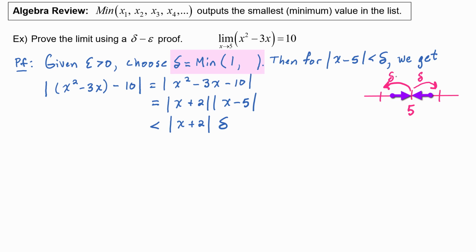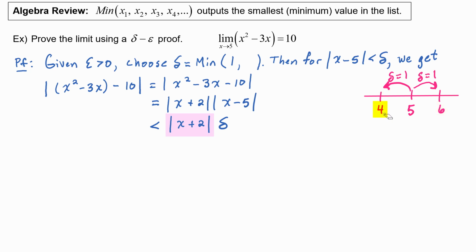So if we let delta equal 1, which is ridiculously huge, then that means our x value could be as small as 4 or as large as 6. Now what we are going to do is analyze what could happen to the absolute value of x plus 2 under these two extreme conditions where we let delta be ridiculously large.